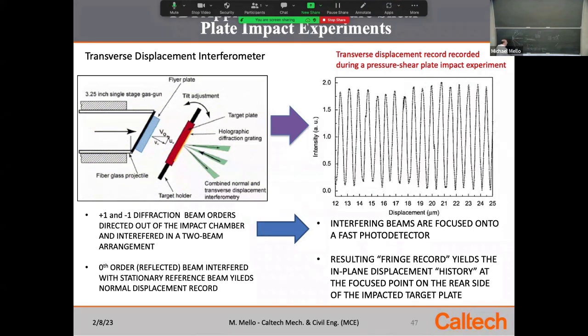So if this diffraction grating that you printed on the back side had a pitch d between these ridges on the grating that give rise to these diffraction orders, every fringe you get out on your oscilloscope screen, according to the theory, means the surface moved in plane by half the pitch of your grating, okay?